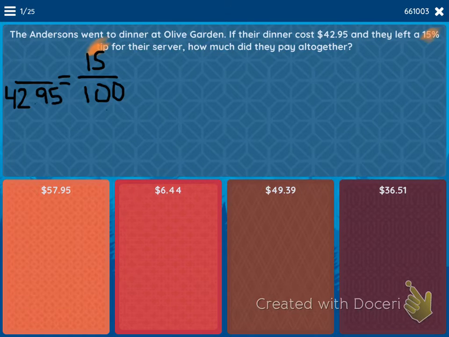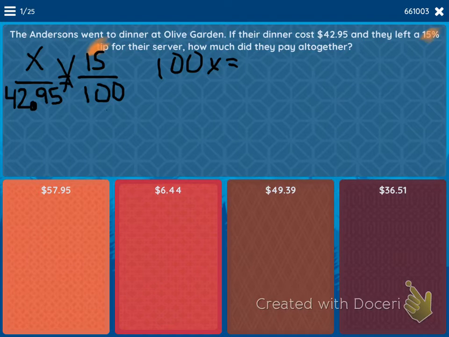Let me make my decimal a little more clear. Well, that's very clear. And we have x up here. So then when we cross multiply, we're left with 100x is equal to whatever 15 times 42.95 is.